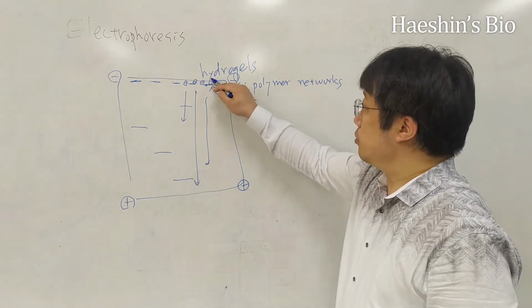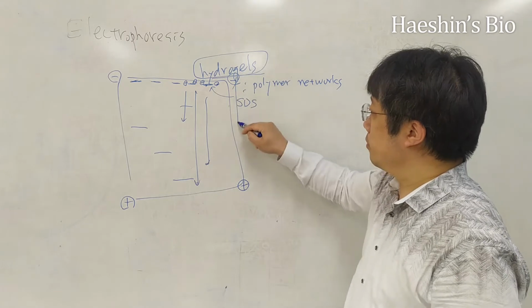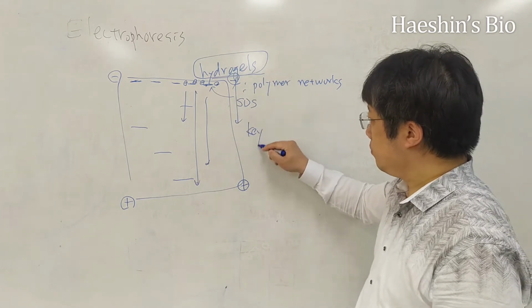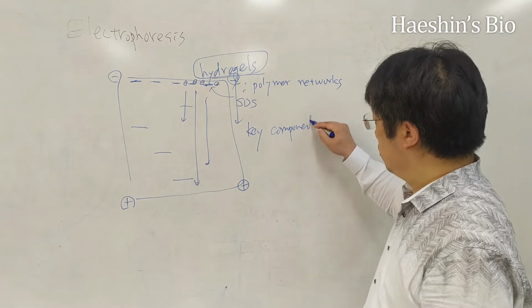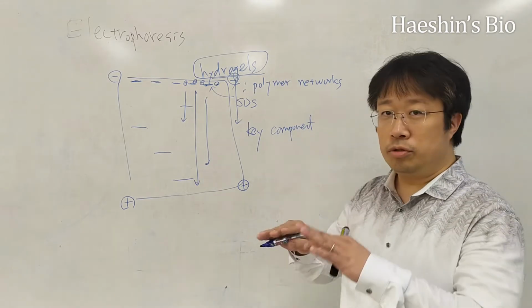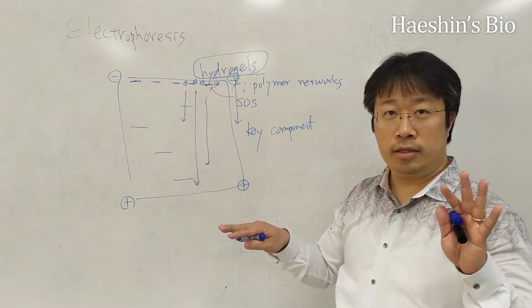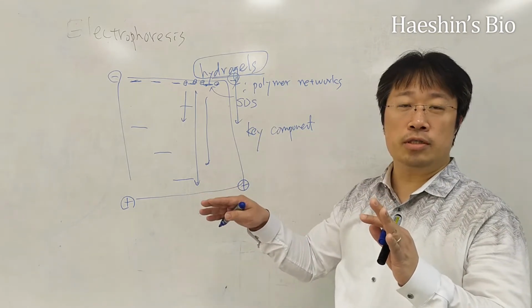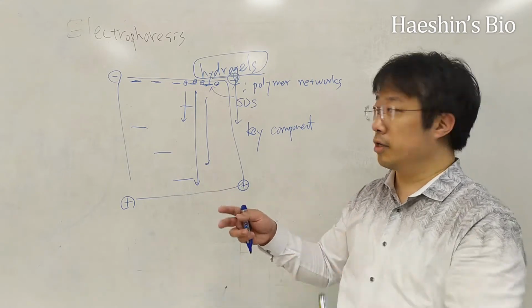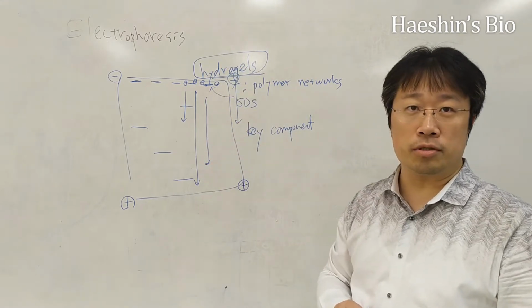The hydrogel is the key component that separates each species, which have different sizes, as they migrate through it.